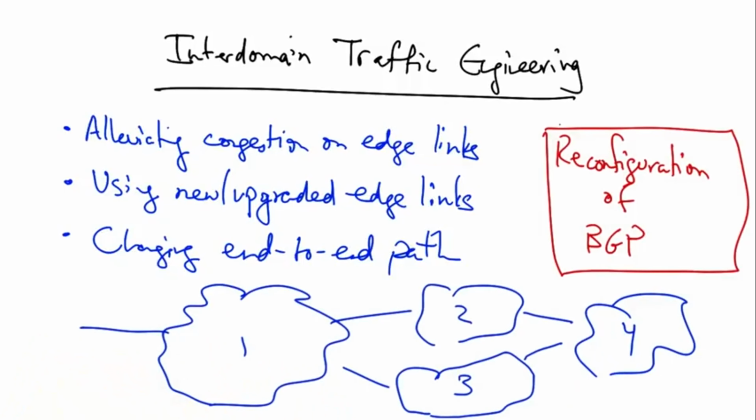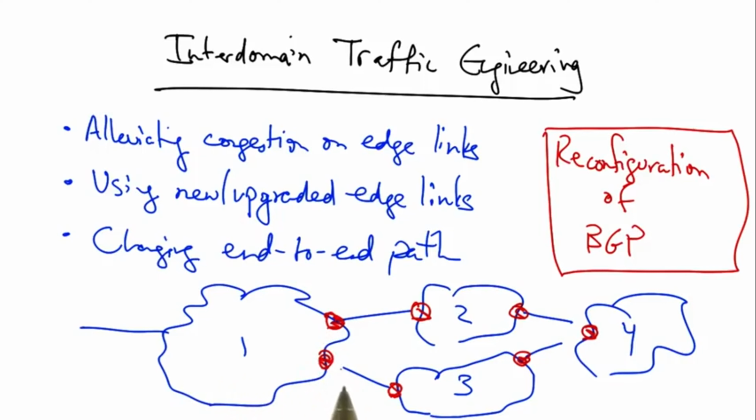It involves the reconfiguration of the Border Gateway Protocol policies or configurations that are running on individual routers in the network. Changing BGP policies at these edge routers can cause routers inside an autonomous system to direct traffic to or away from certain edge links.